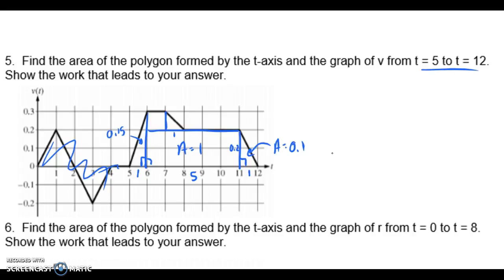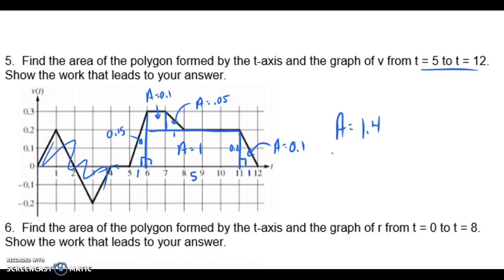Here we have a 1 and a 0.1, so that area is 0.05, 0.1 divided by 2. And this little rectangle right here has a base of 1 and a height of 0.1, so the area is 0.1. So when we add all these up, we got a 1, and this would give us 0.2, 0.3, 0.4. The area would be 1.4.